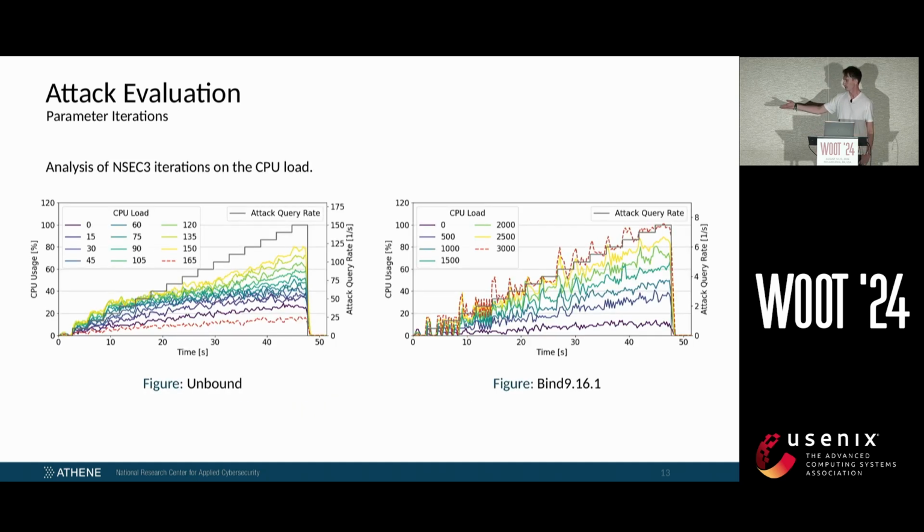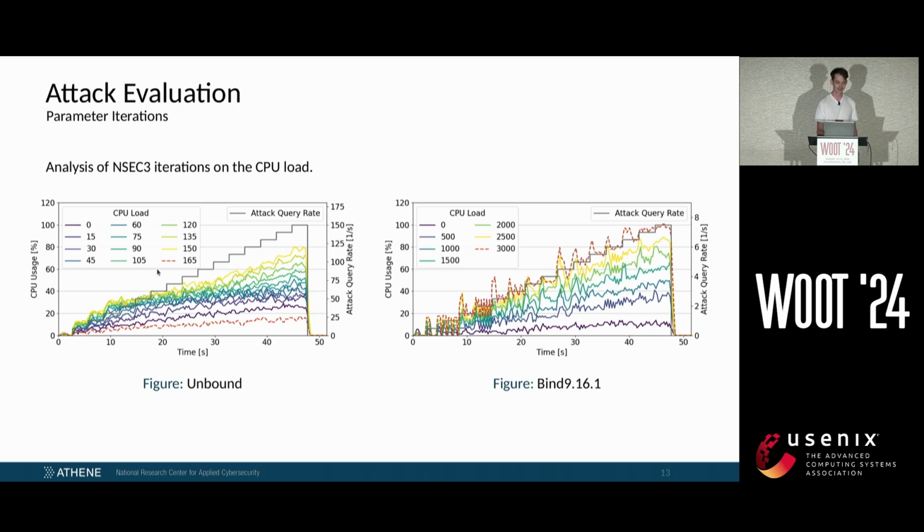On the graphs, you can see when we scale up the number of iterations. On the left, you have attack rates, so queries that the attacker sends to the resolvers, up to 150 packets per second, which is rather a lot. But you can see that if you increase the number of iterations, you also get this beautiful linear increase in workload that resolvers experience.